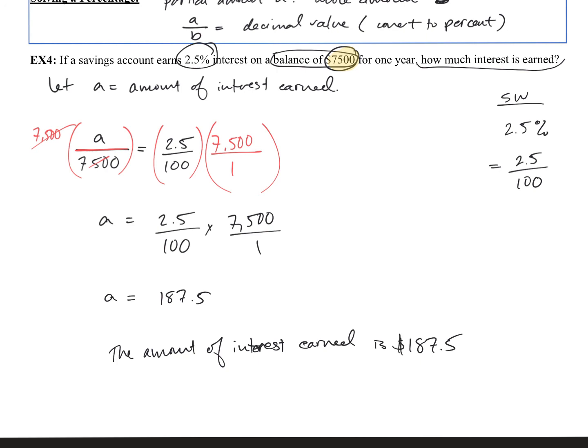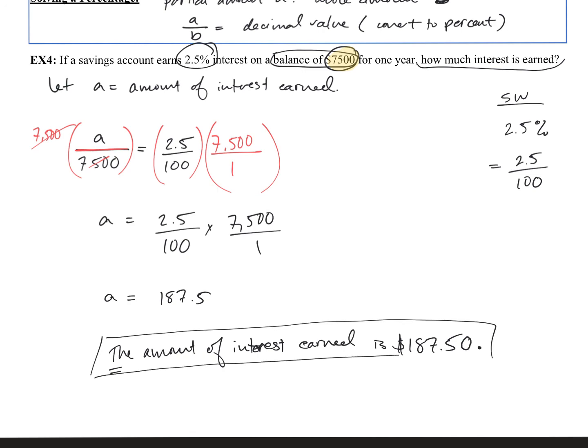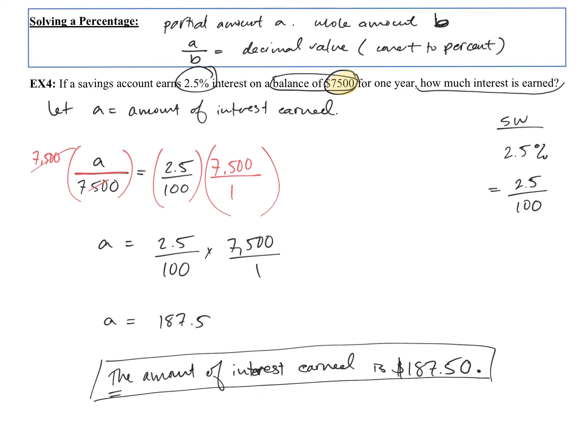So I can do dollars, but in order to make this actually look like money notation, I have to add that 0 to the end, because we always go to the 100th. And there we go, my period at the end and my capital letter in the beginning. Please note, we are in college, so I know you guys can all write a sentence with a capital letter and a period at the end. Okay, so make sure it's a nice, full, complete sentence, just like something a boss would want to see, or something like that.